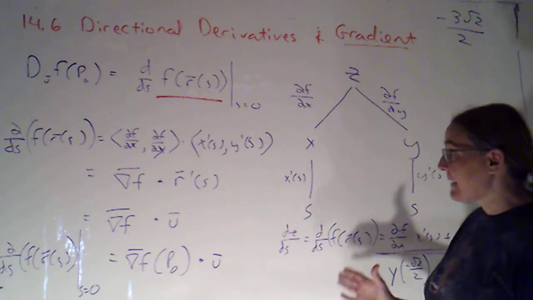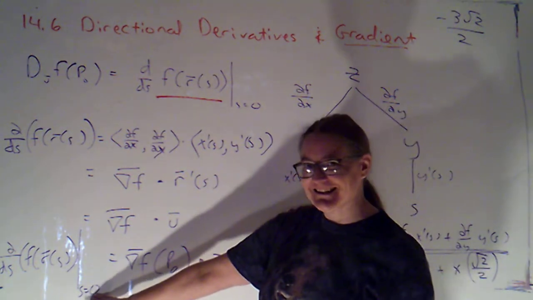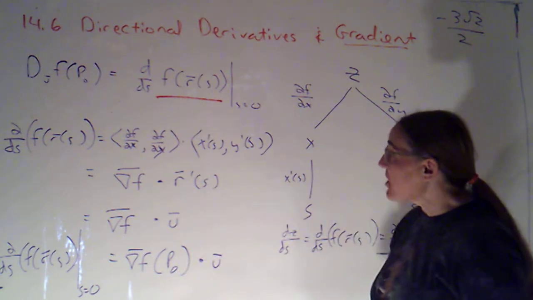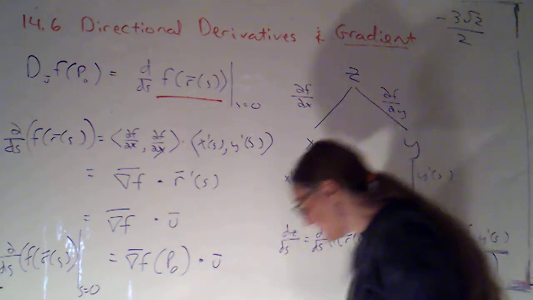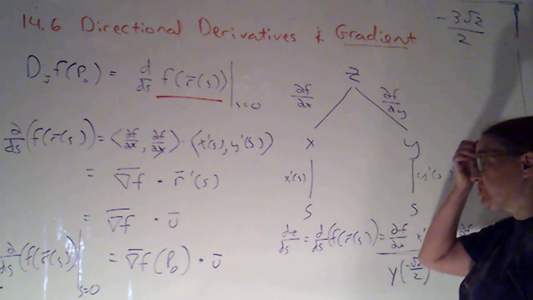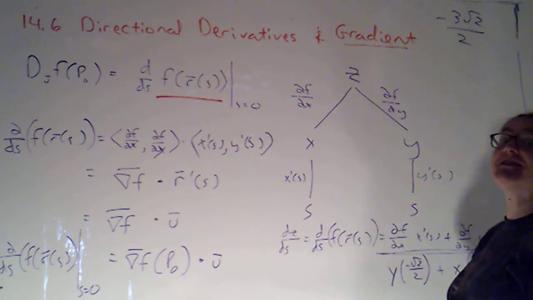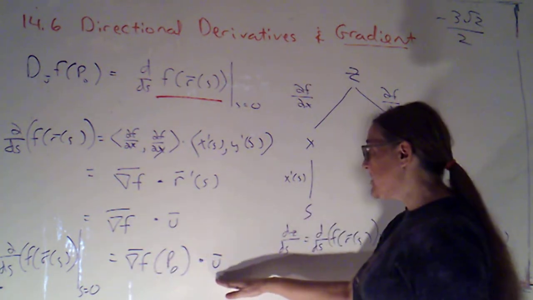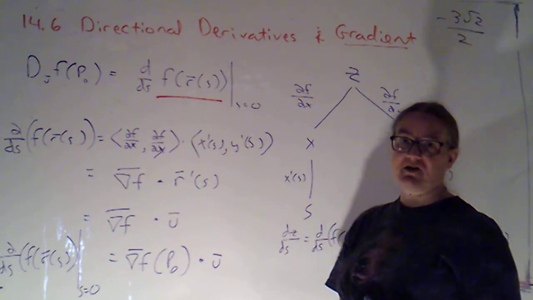Because remember, we parameterize our line so that when s is at 0, we're at our starting point. Okay. So that's generally how I am going to calculate my directional derivative, by just dotting the gradient at the point I care about with the unit vector that gives me the direction.